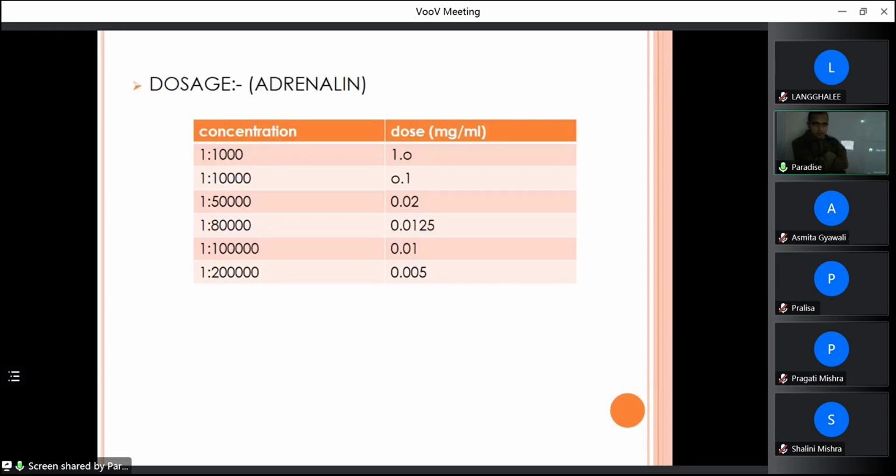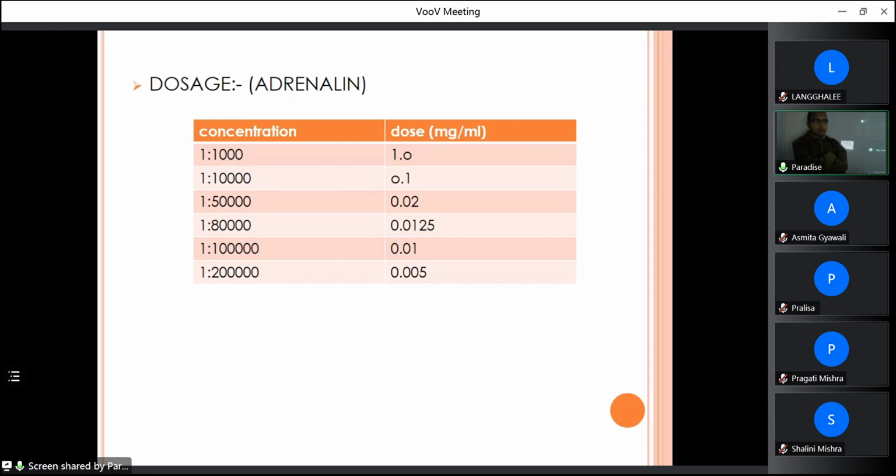Now the dose of adrenaline. If the concentration is 1:1,000, the dose is about 1 mg per ml. You have to calculate the dose of adrenaline as well. While injecting the local anesthesia, you have to calculate the dose of lignocaine as well as the dose of adrenaline. For adrenaline, the dose is 0.2 mg for a normal healthy patient and 0.04 mg for a cardiac patient.